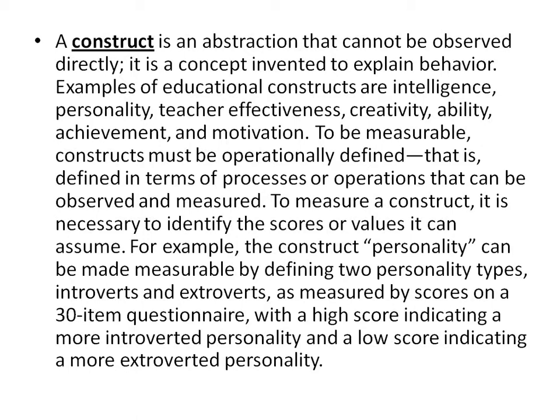For example, the construct personality can be made measurable by defining two personality types, introverts and extroverts, as measured by scores on a 30-item questionnaire, with a high score indicating a more introverted personality and a low score indicating a more extroverted personality.